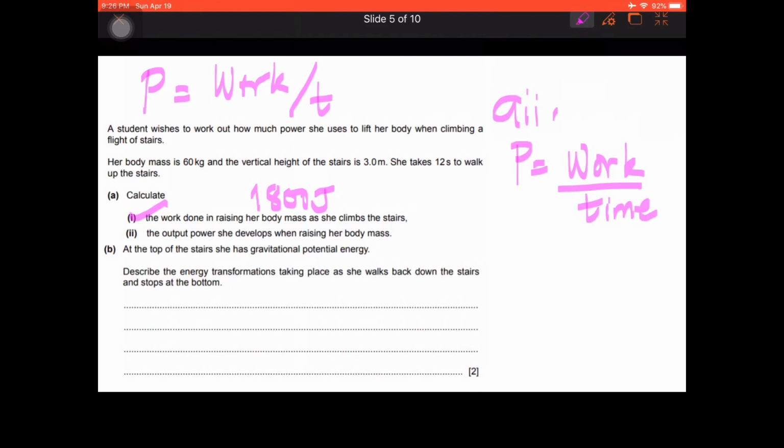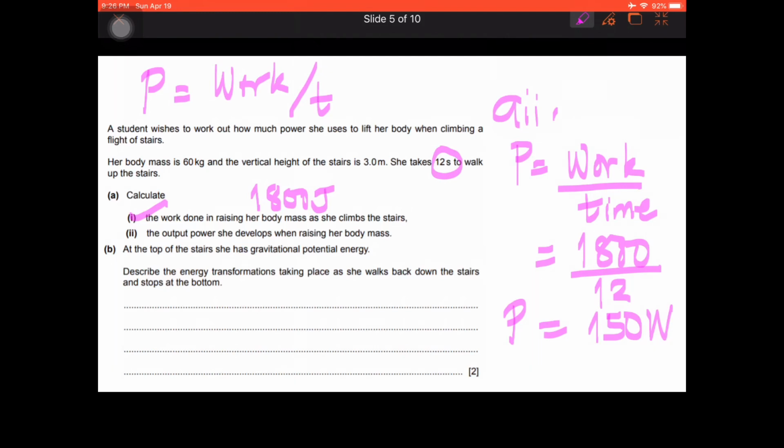The time given here is 12 seconds, so 1,800 divided by 12 seconds gives 150, and the SI unit for power is watt. But if you answered 150 joules per second, that's also accepted. So that's the answer for A2.